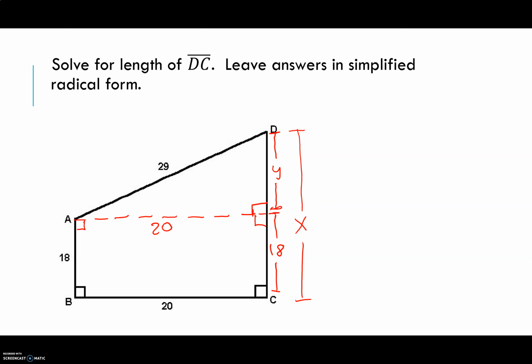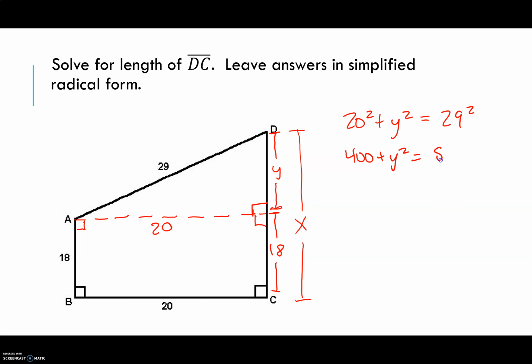We have now created a right triangle, and 2 out of the 3 sides are known, so we can actually use the Pythagorean theorem. 20 is a leg, and y is a leg, so we'll do 20 squared plus y squared, and then 29 is the hypotenuse. So 20 squared is 400 plus y squared equals 29 squared.